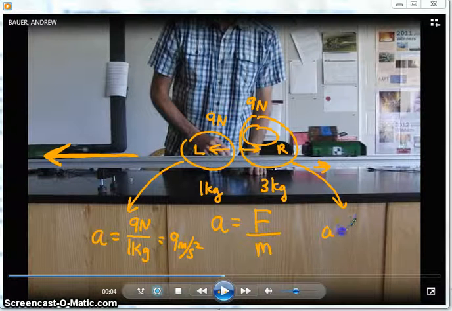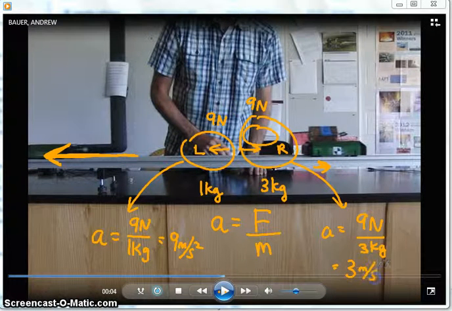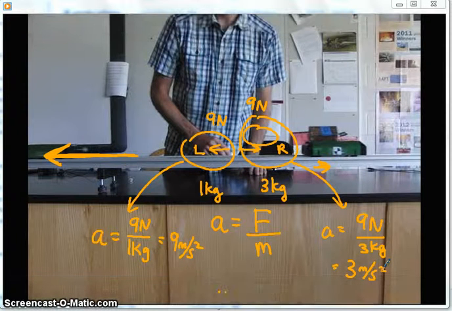Well, if the force is identical, 9 newtons, but the mass is 3 kilograms, 9 divided by 3 is only 3 meters per second squared. And so we should expect, even though they're feeling exactly the same force, that the car on the right doesn't have anywhere near as much acceleration. And that's exactly what happens in the video.